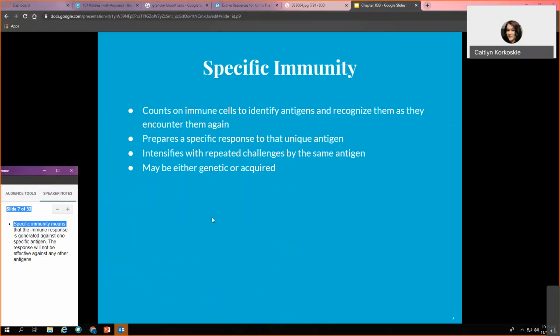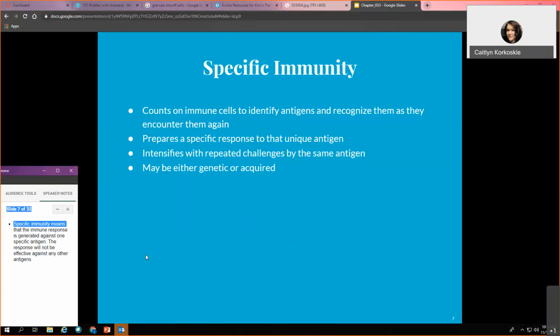Okay, sorry, Delia. Specific immunity means that the immune response is generated against one specific antigen. The response will not be effective against any other antigen. So whatever it is trying to attack, it's being very specific about whatever bacteria or virus it is trying to protect you against. If there are multiple, then it wouldn't be specific immunity.